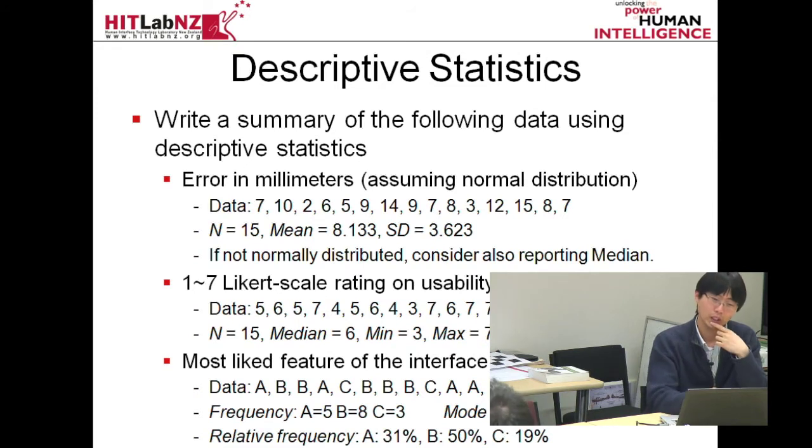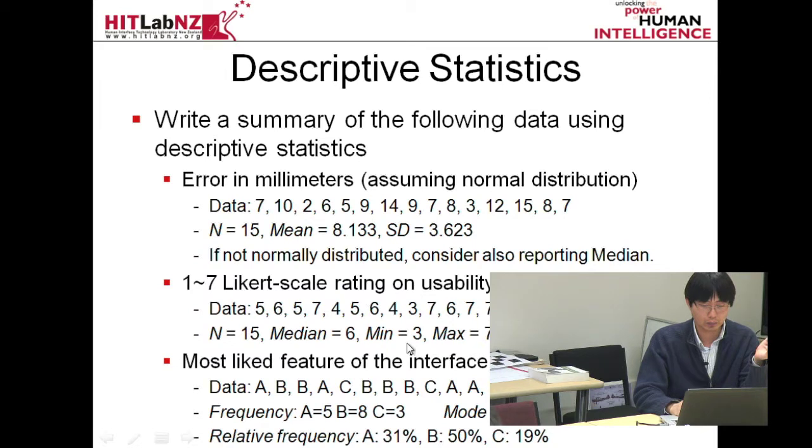So even if you plot it and it looks like a normal distribution, if the scale points are not equally distant, you cannot guarantee it's symmetric. That's why it's better to report the median rather than the mean, because the mean is more vulnerable to that skewedness, but the median mostly describes the center point of the whole data. So the median is the better one to report for ordinal data.